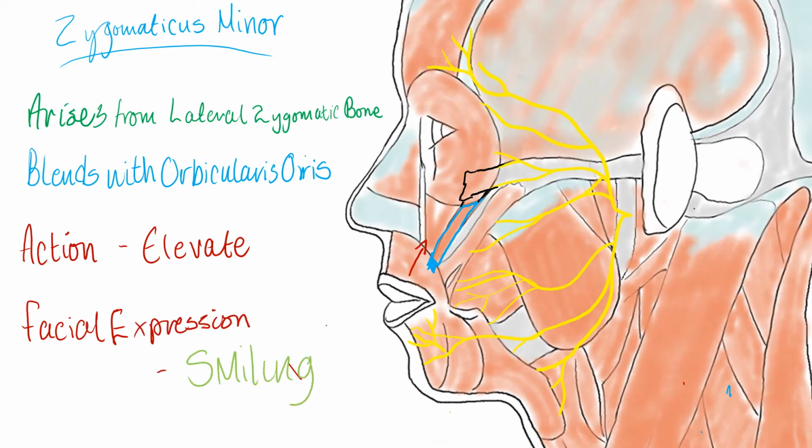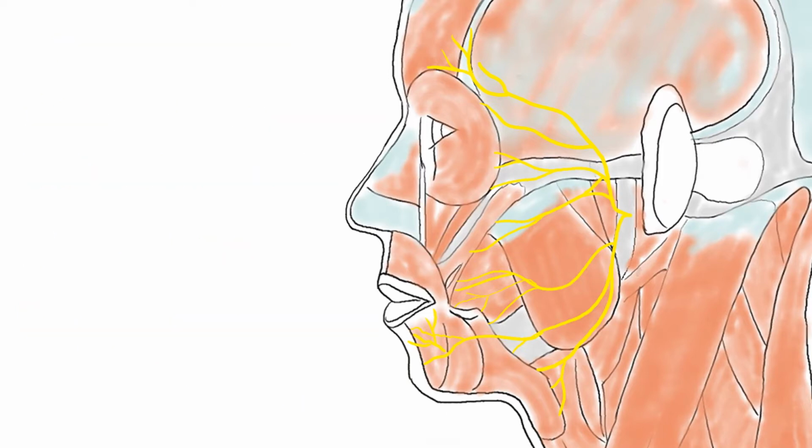Yay! Last but not least, we have nasalis, which I will outline for us in, we'll say green because it'll be easier to see. Green right here. Color in a little bit too.